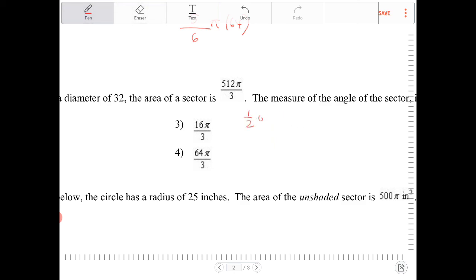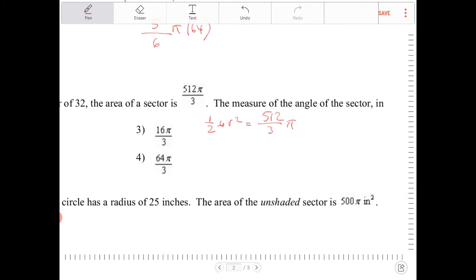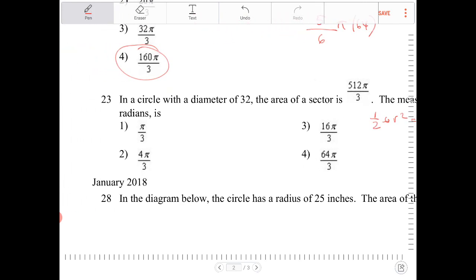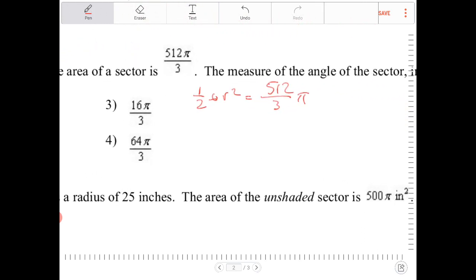So 1/2 theta r squared is equal to 512/3 pi. The diameter is 32, which means the radius is going to be 16. So it's 1/2 theta times 16 squared is equal to 512 over 3 pi.